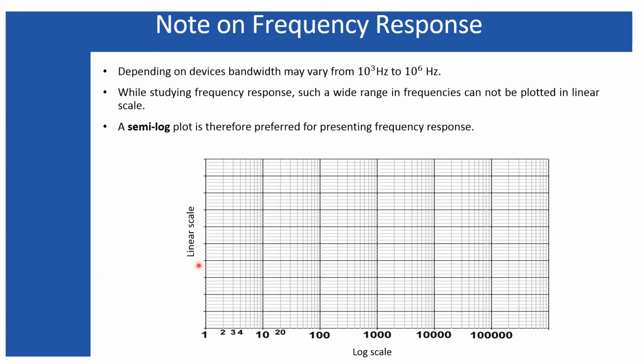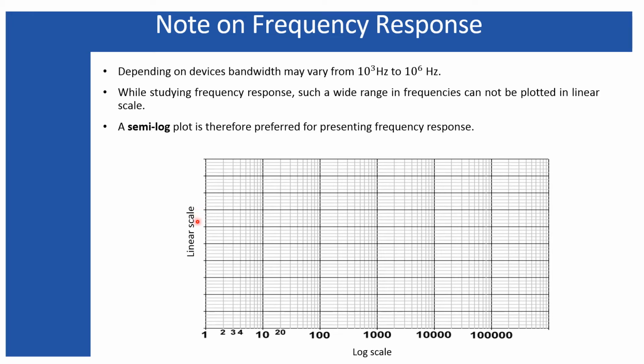In general, we use 10 log for power, but in case of the gain, which is nothing but the ratio of the output voltage to the input voltage, we prefer to plot 20 log of the ratio of output voltage to the input voltage. So when the gain is taken in decibel, that decibel you can plot linearly along the y-axis.